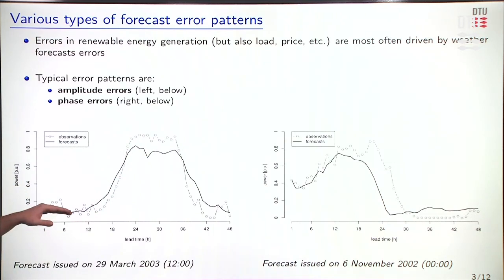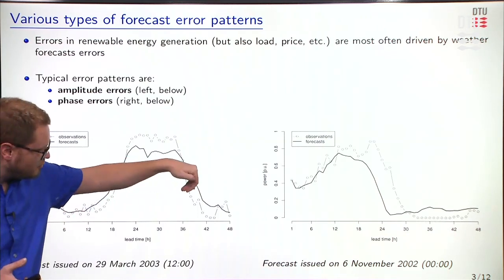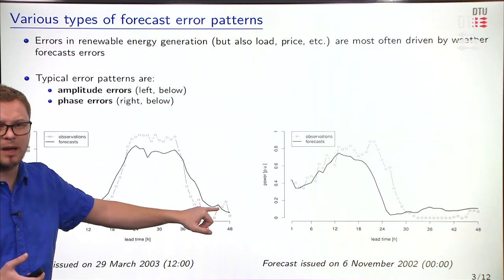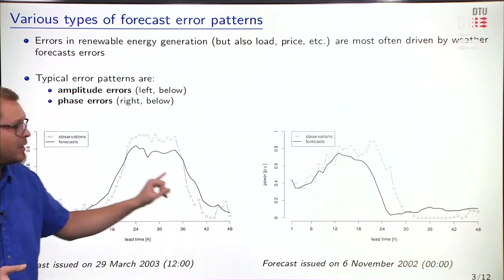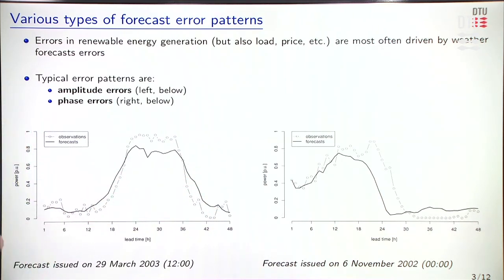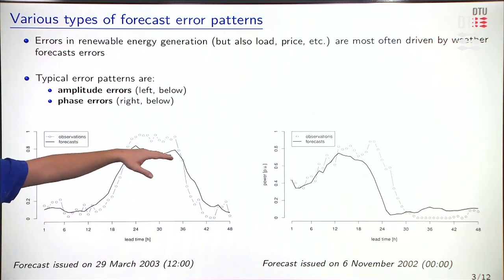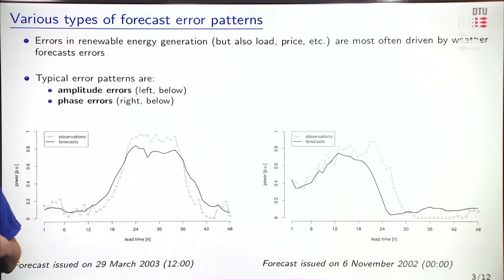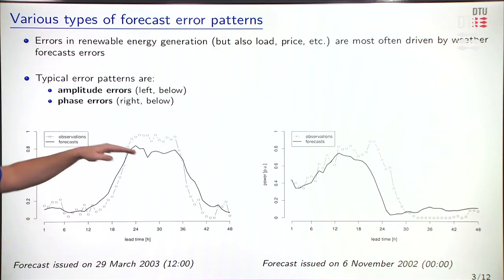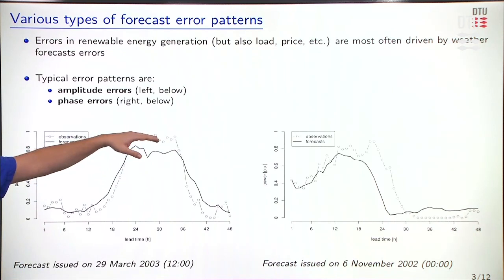The level is right, it's picking up right, it's peaking and dropping right and also back to the right level. But there in the middle, even though the pattern seems to be quite okay, you see that the forecast doesn't go to the right level. So this is typically what we will call an amplitude error. It seems that the pattern is fairly right, but it's just not at the right level.